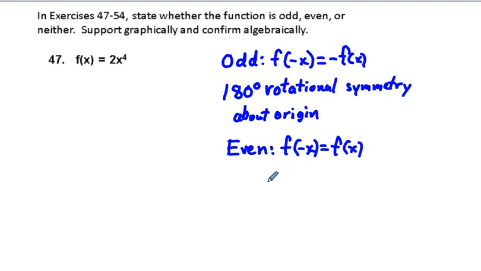And effectively what we have for this one is reflective symmetry about the y-axis.